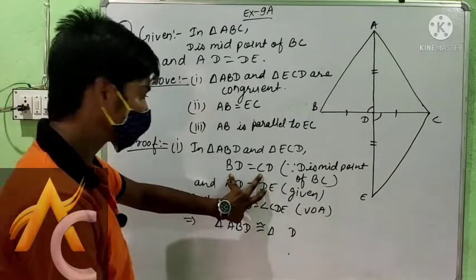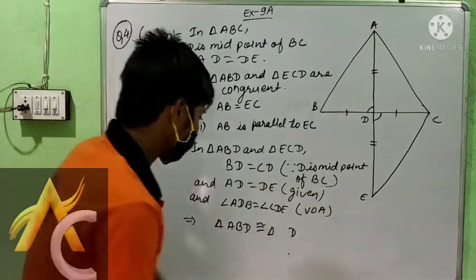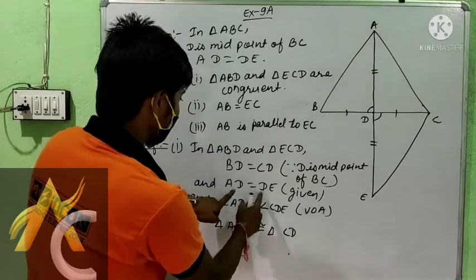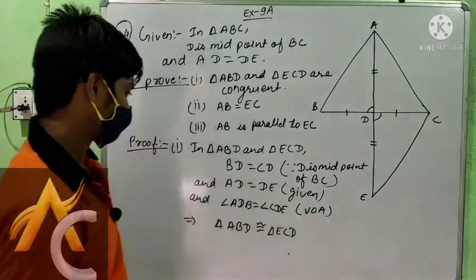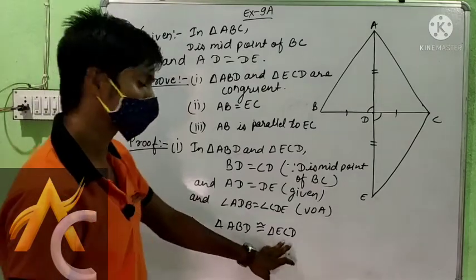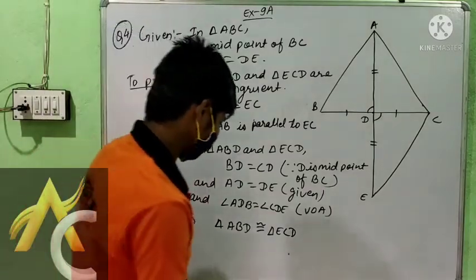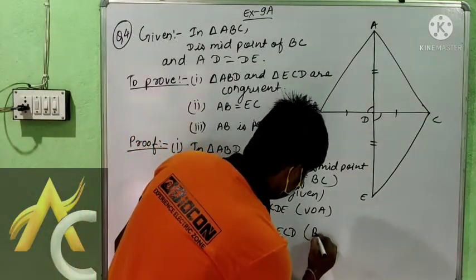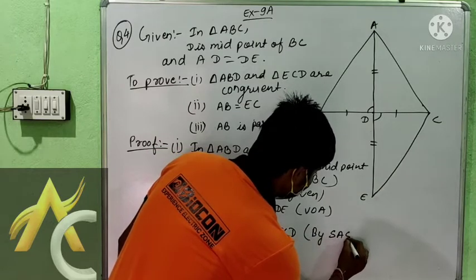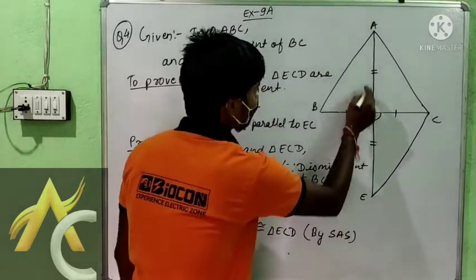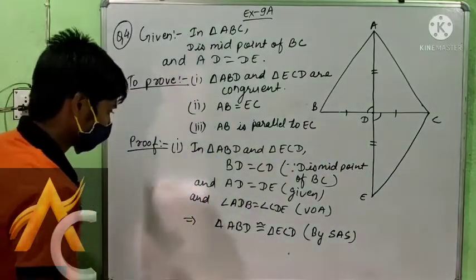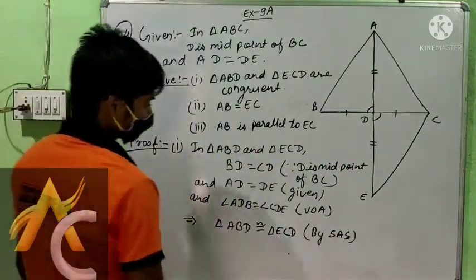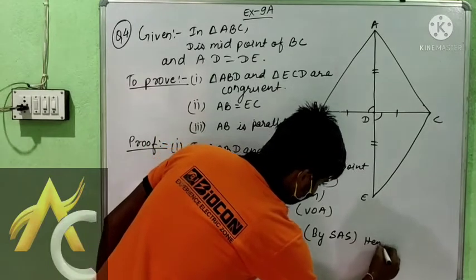So in the place of B comes our C, in the place of D comes D, so in the place of A comes E. That implies ABD and ECD are congruent, by which criteria? Side angle side criteria. This is proved.